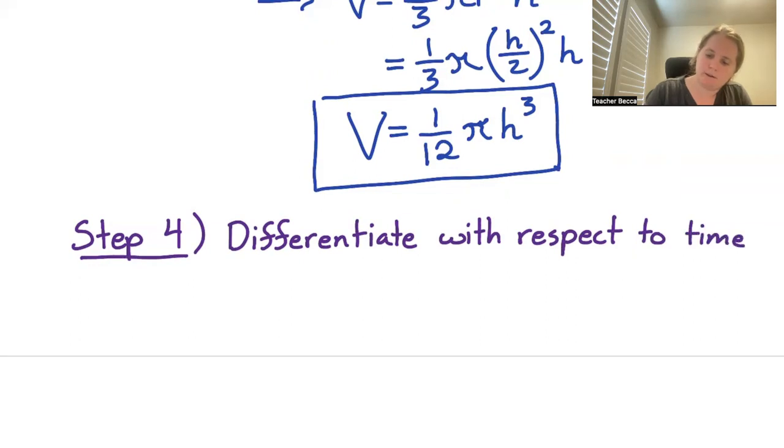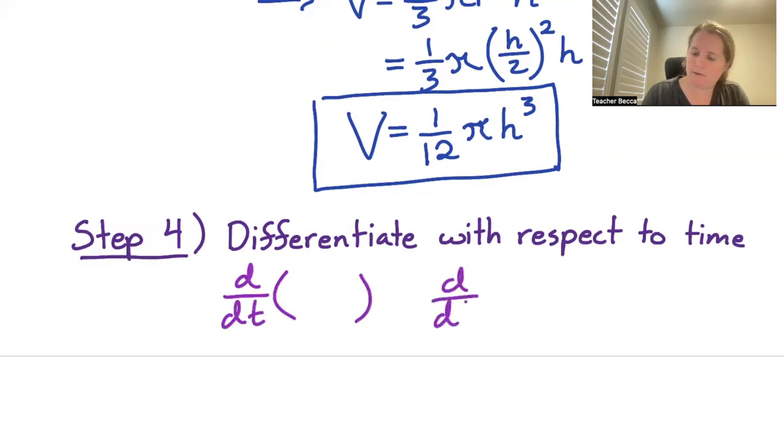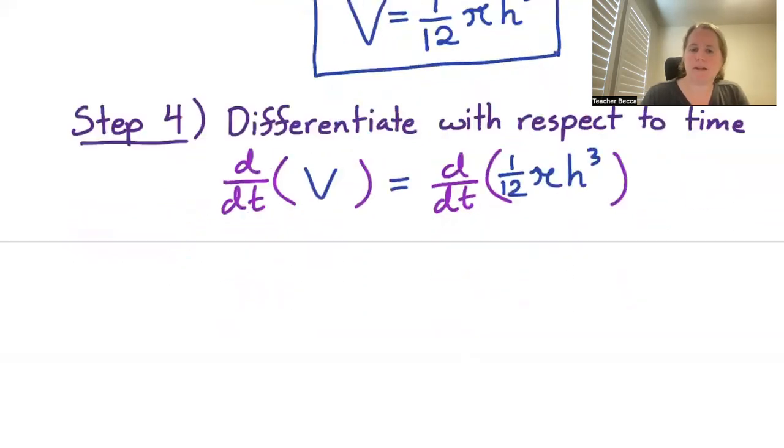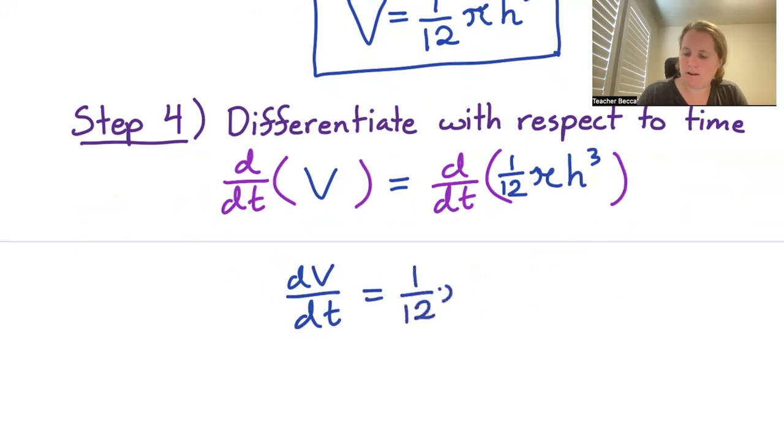So we take the derivative with respect to time of v, set that equal to the derivative with respect to time of 1/12 pi h cubed. When we take this derivative on the left, we simply get dV/dt. On the right, 1/12 pi comes along for the ride.